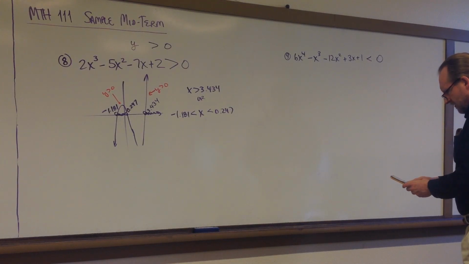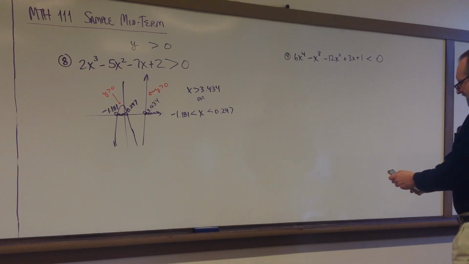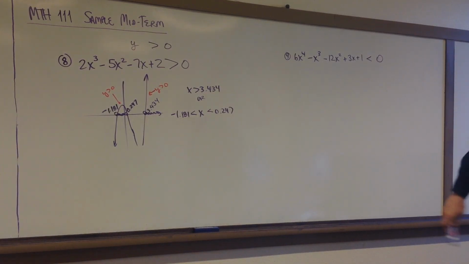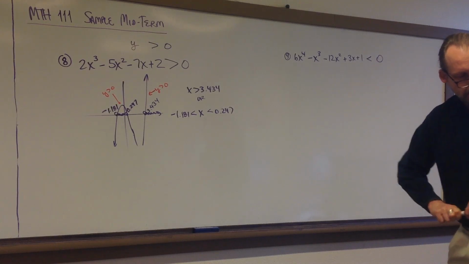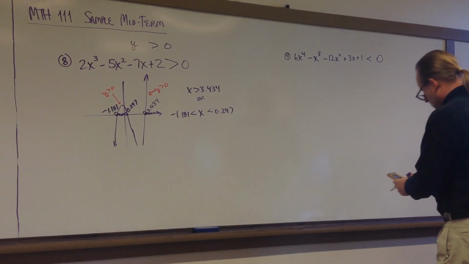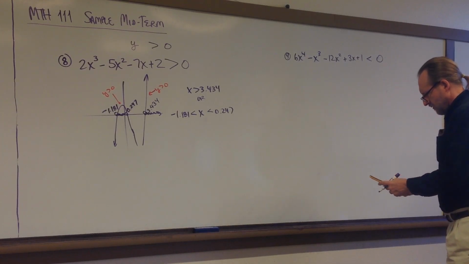So 6x to the 4th minus x to the 3rd minus 12x squared plus 3x plus 1. Double check I got everything right in here. And let's look at the graph. This one I will just sketch on the board and go in and find those roots.